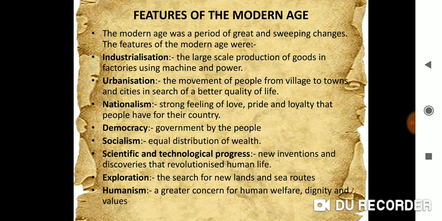Universal brotherhood means one boy of France, one boy of Germany, one boy of America, they are also my brother, our brother. This is called universal brotherhood. So humanism means a greater concern for human welfare. When people think about humans, when the government thinks about the welfare of humans, that is called humanism.